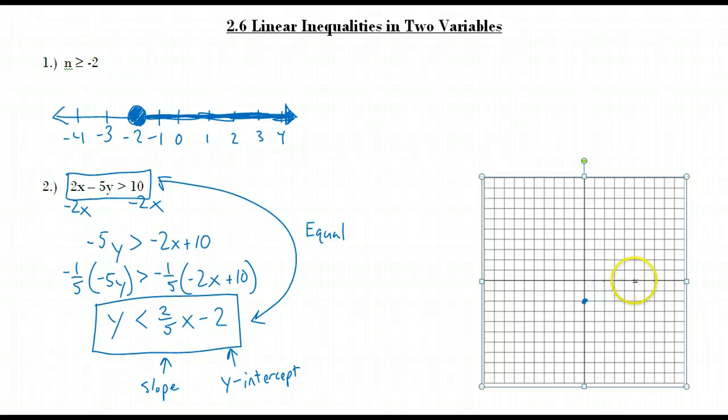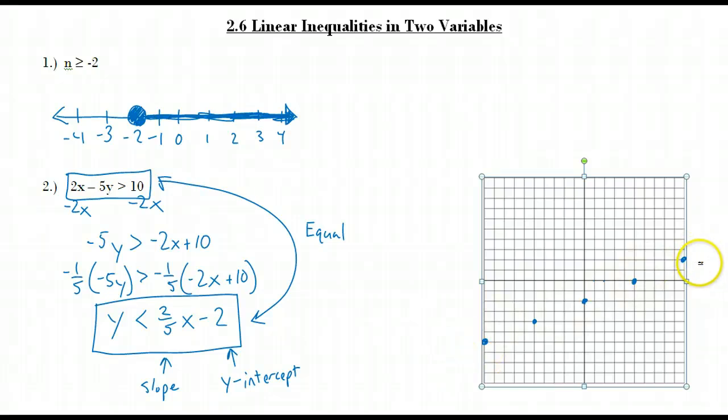Now I'm going to put dots all the way across my graph. So I have my dots going all the way across my Cartesian plane.